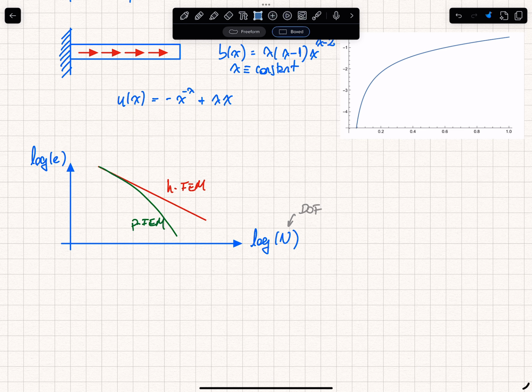So now, when we look at what happens with the convergence rate, for this problem h-FEM remains algebraic, but now p-FEM is also going to remain algebraic.